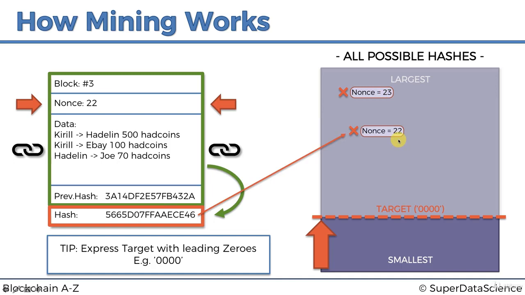If changing the nonce a little bit would change the hash a little bit, that would allow miners to predict that, okay, it looks like by reducing the nonce, the hash is going down. So all I have to do is go 21, 20, 19, 18, 17, and finally I'll get below the target. But that's not the case. As you can see, at 21 it goes up here.